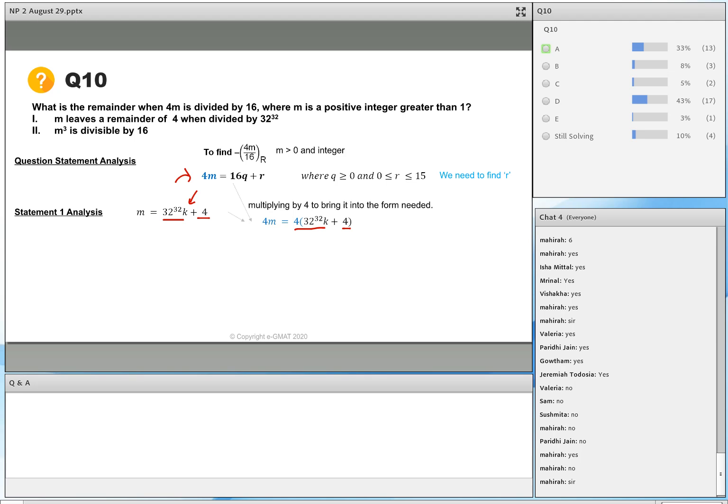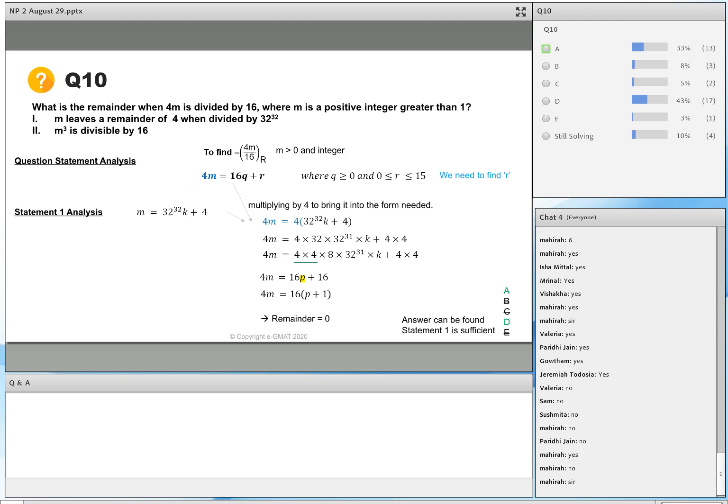Now, tell me something. I have 4 times 32 to the power 32k. Is this a multiple of 16, yes or no? I have a lot of 32s. I would definitely have 16s. So is 4 times 32 to the power 32k a multiple of 16? Yes or no? It definitely is, right? Apart from that, I also have this 4 multiplied with this 4, which is essentially a 16.